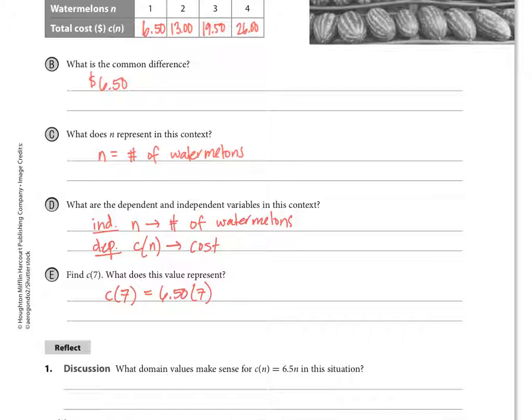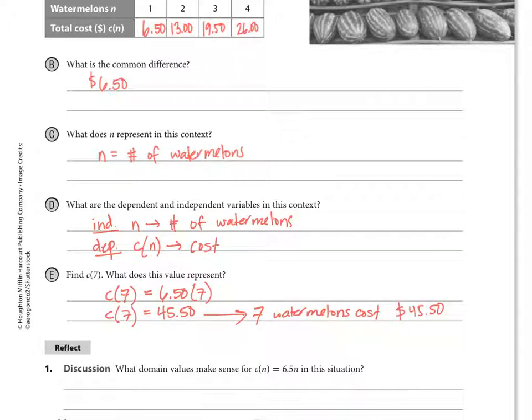And that's going to give us $45.50. And it's asking what this value represents, and it represents 7 watermelons cost $45.50.